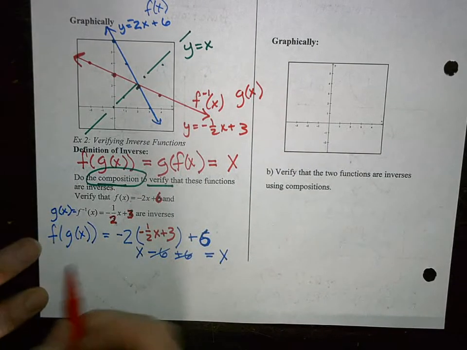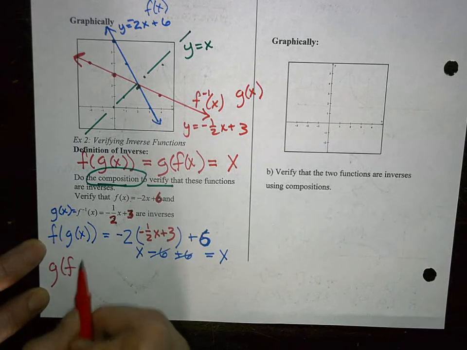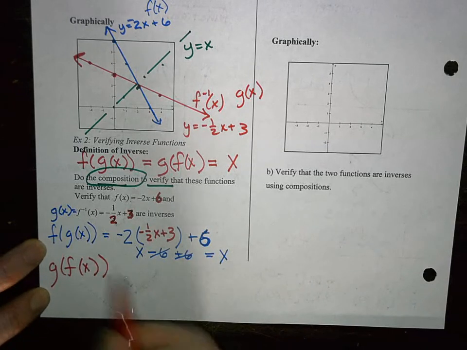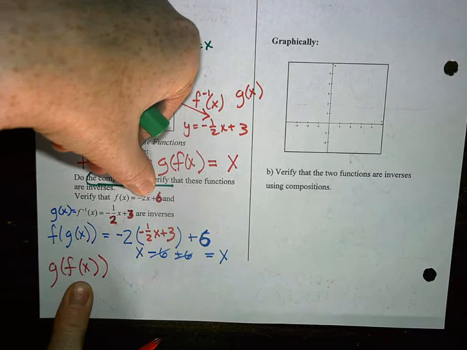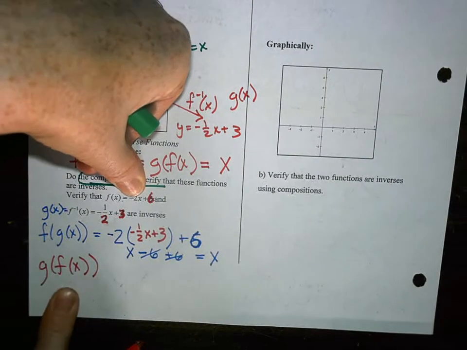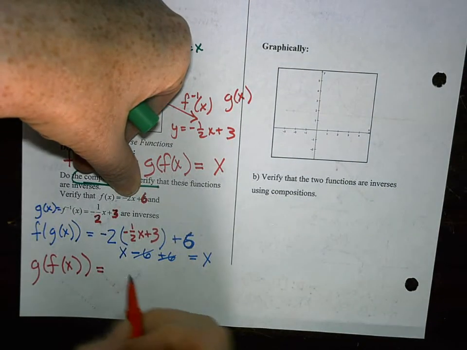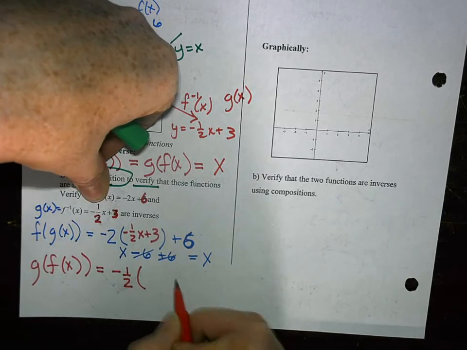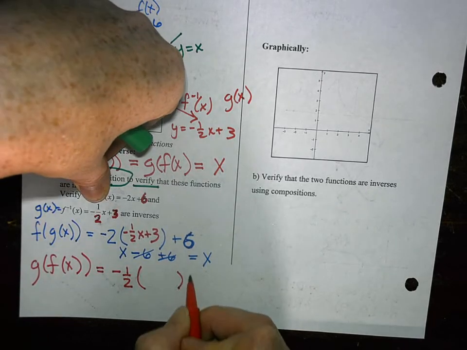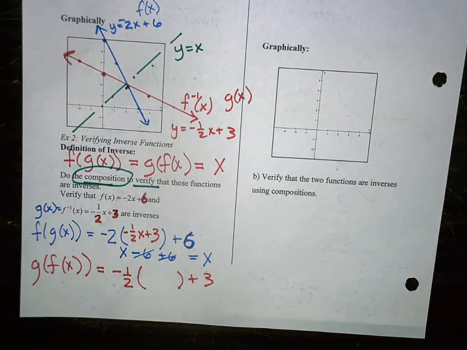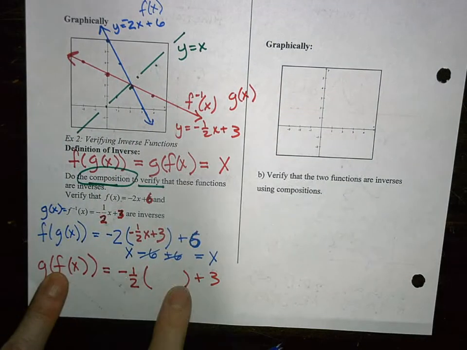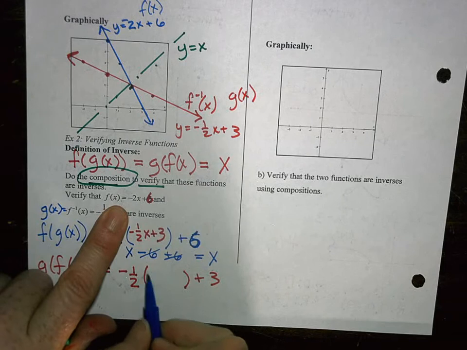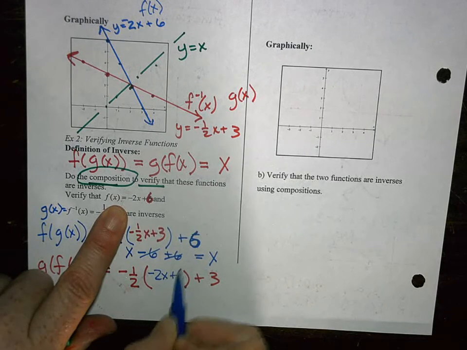Let's see about g of f of x. Well, I know f of x is negative 2x plus 6. Let's write the outer function, g of x, which is negative 1/2, leave a space for x, plus 3. Plug in your f of x in here, negative 2x plus 6.